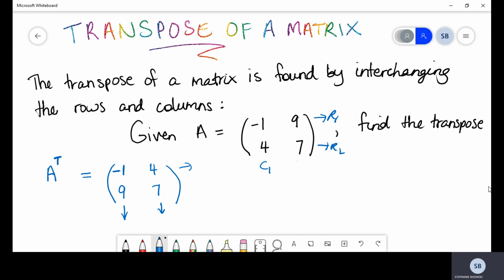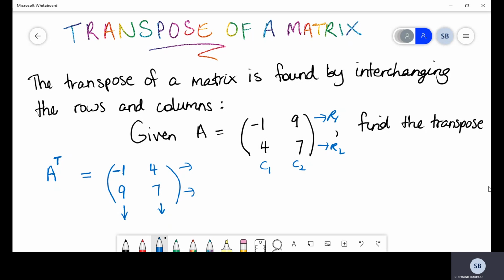Similarly, if I consider my second column, 9, 7, and write it horizontally instead, it becomes 9, 7 horizontally. So the approach you take when transposing a matrix really doesn't matter, whether you transpose rows into columns or columns into rows. You'll end up getting the same answer.